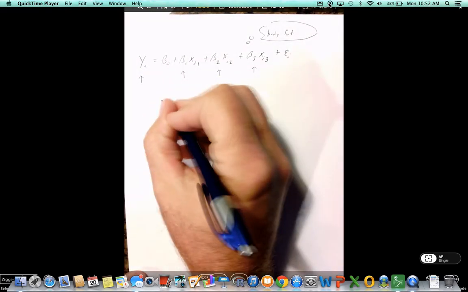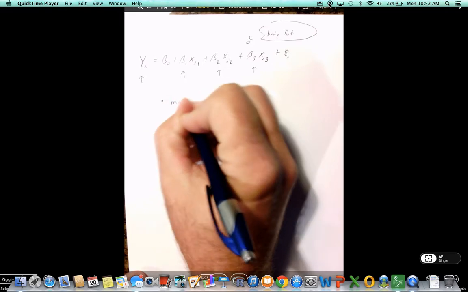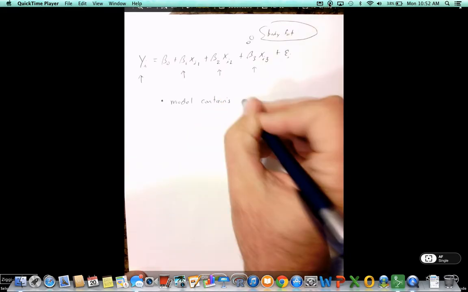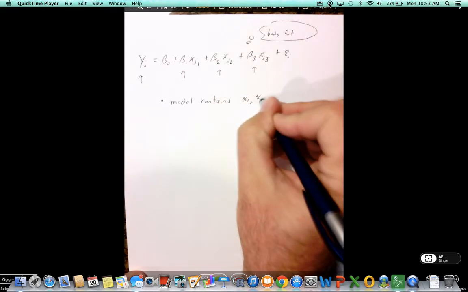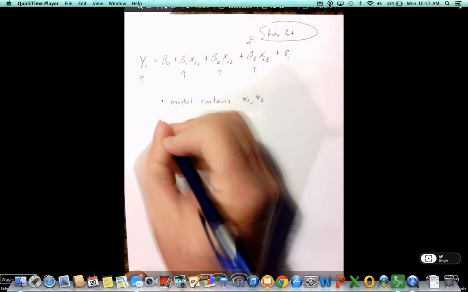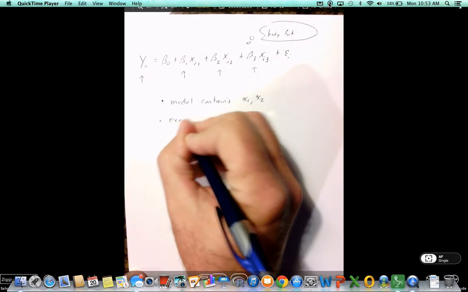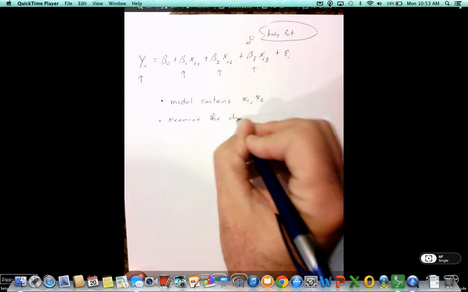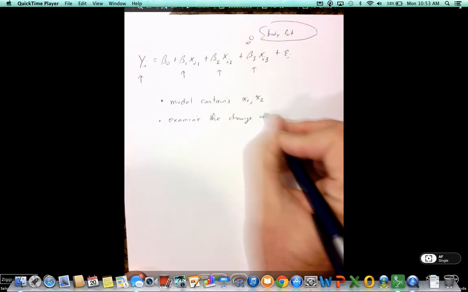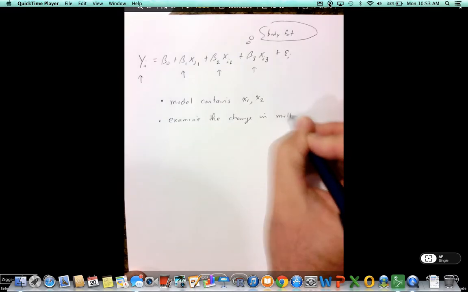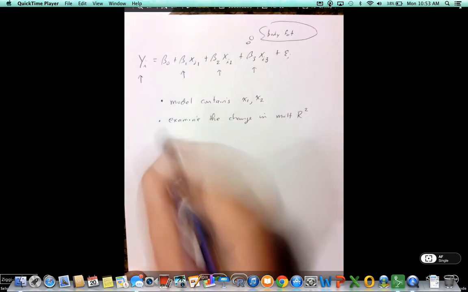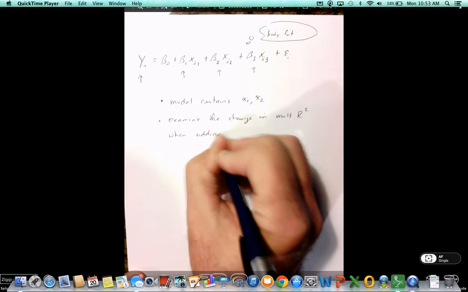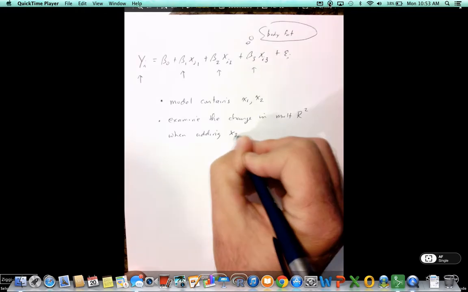Let's say that the model contains, it really doesn't matter, let's keep it simple, x1 and x2. And we want to examine the change in the multiple r squared when adding x3.